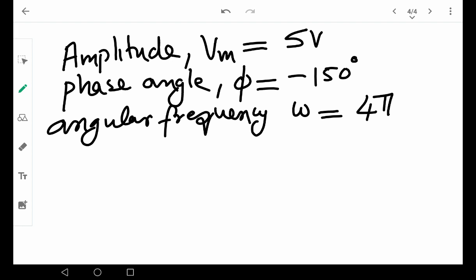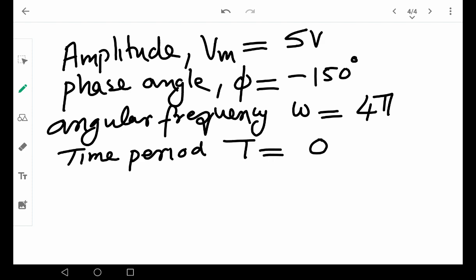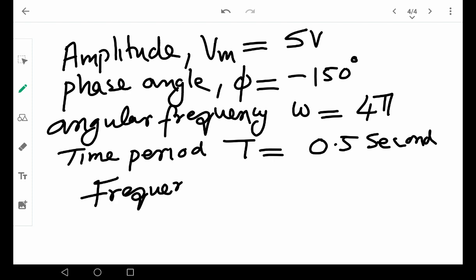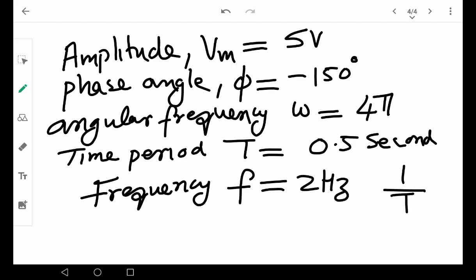And time period T equal to 0.5 seconds. Okay, then you have frequency f equal to 1 by T, that's 2 hertz.